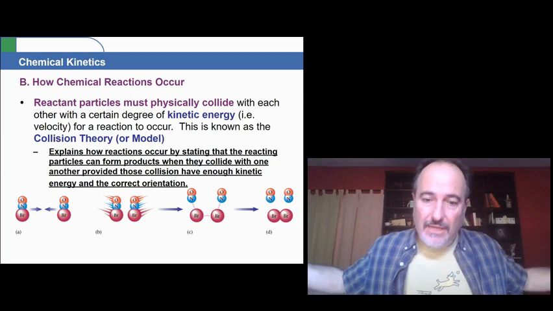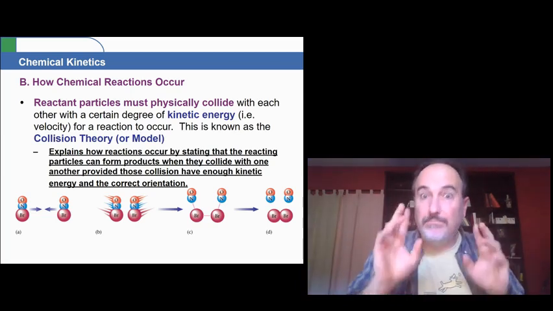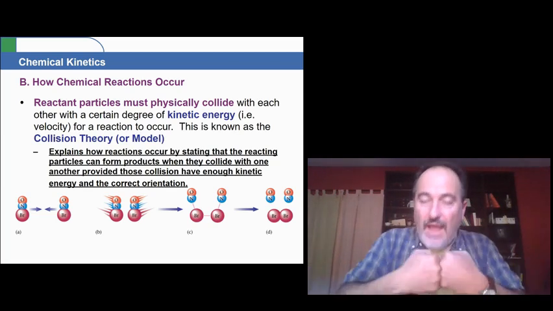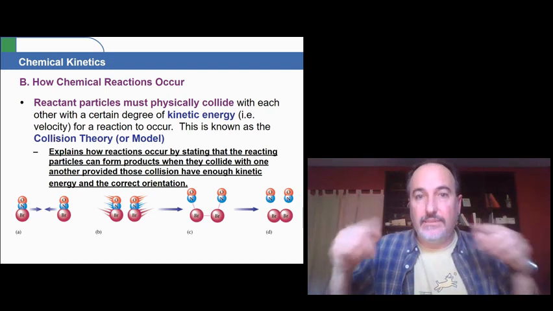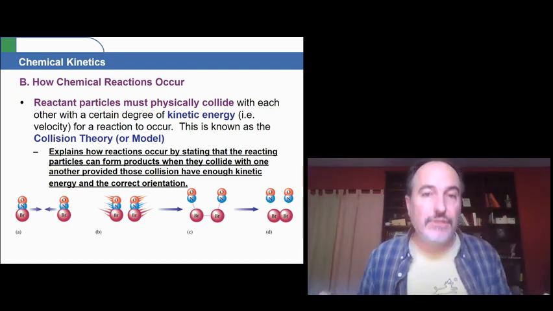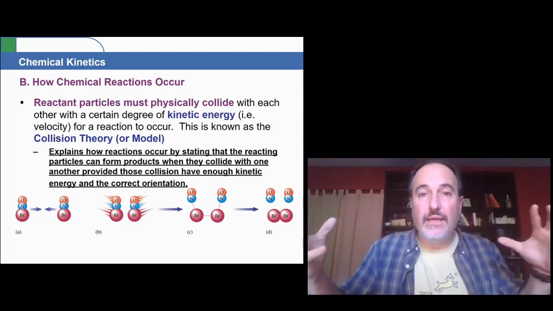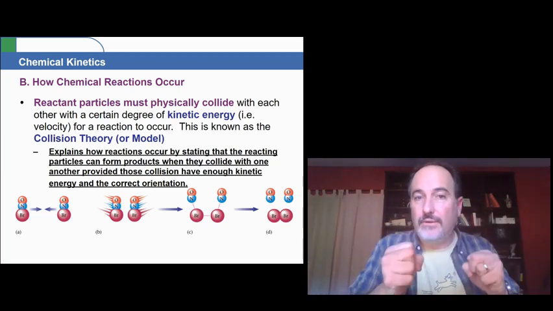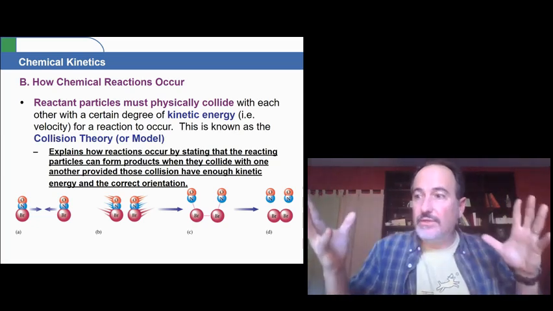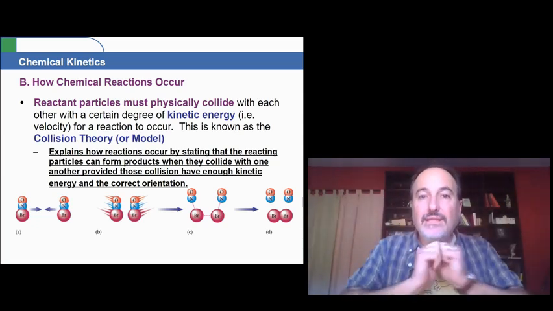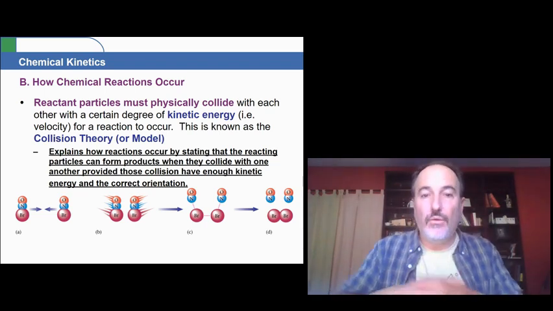But if they hit hard enough, that fast movement provides the bond energy to break the old bonds. Remember, bond energy is the amount of energy required to break bonds. So the old bonds will break, and then new bonds will form. And the new bonds are more stable than when they're separated, and therefore they release energy. All right, just like we learned about before.